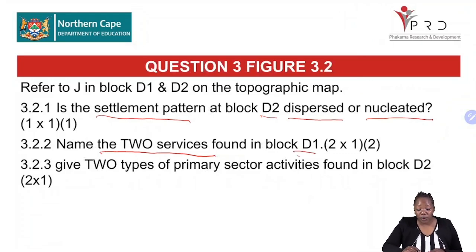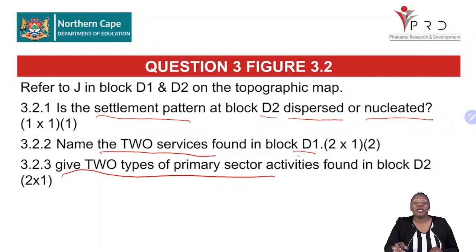And then your third question, you give two types of primary sector activities. So now you should understand that we have 4 primary sector activities under primary. So they said give 2 that are found in block D2. So out of the 4, there are 2 that are not found in block D2.